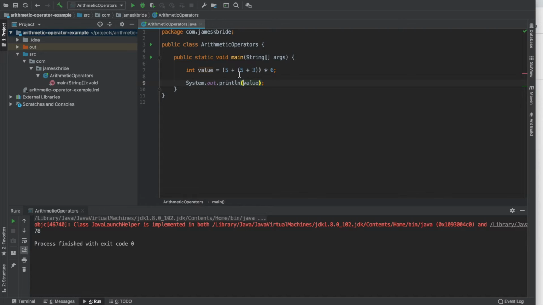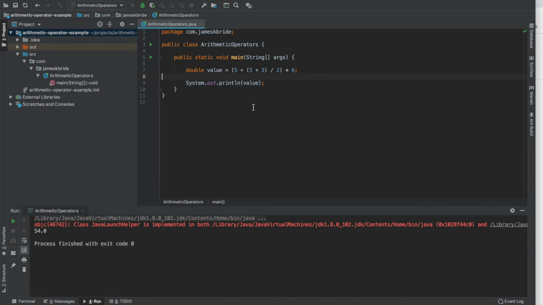And then let's say we also want to divide by 2. Now we have to be careful here, because if we divide by something and get a fractional value, that may not give us the integer that we think we're going to get. So how is this going to work? We're going to add that first, then divide by 2, then add, and then multiply by 6. Okay, so let's run it.